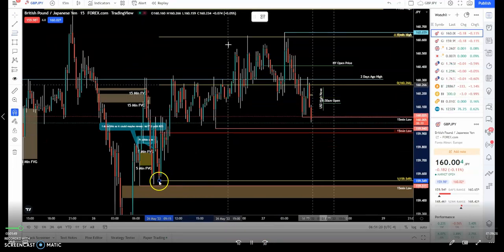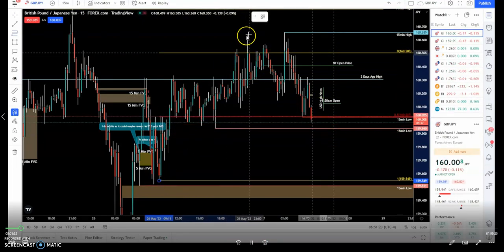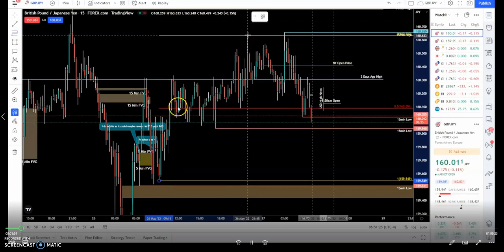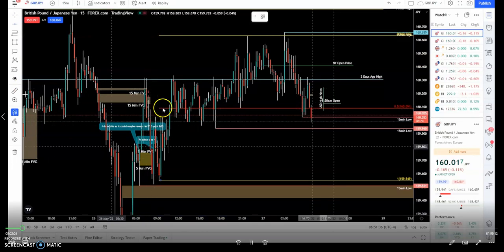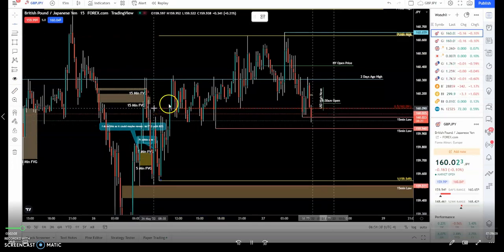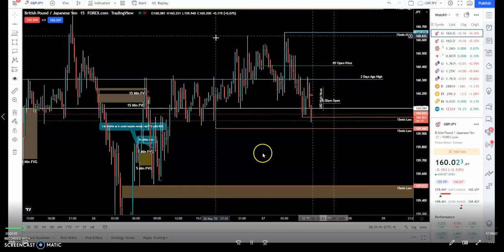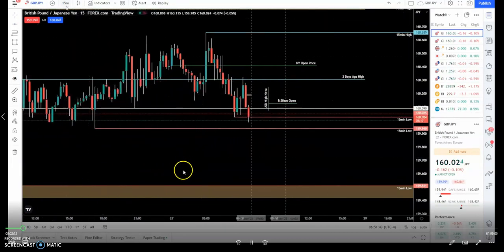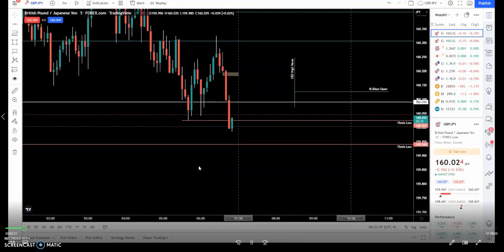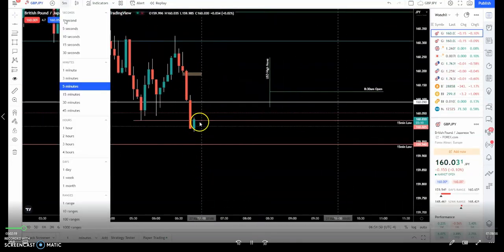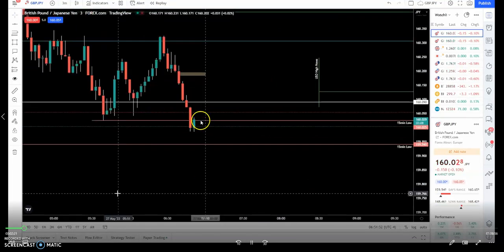I took that low to that high, and that was the 50% line. I drew a horizontal line right over that 50%, so that I could see where premium is and where discount is for that move. I might be wrong doing that, but that's what I thought I needed to do in order to see where the market was. And as you can see, we are in discount right now.